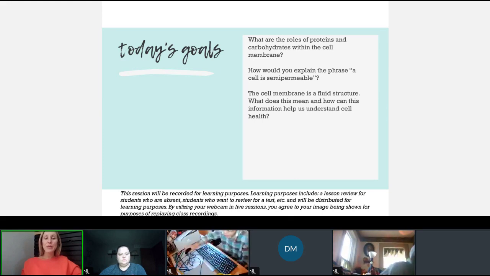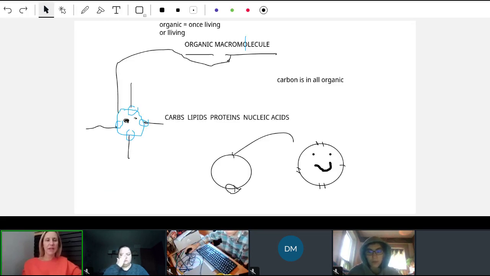Awesome. So we're going to go back to that semi-permeable membrane that we talked about a little bit last unit when we talked about lipids or fats. Who remembers the really cool characteristic that those lipids and fats had? In fact, let's go to a whiteboard and doodle for a minute.